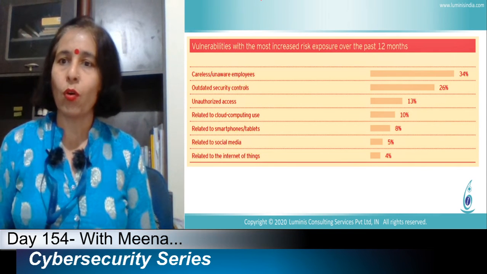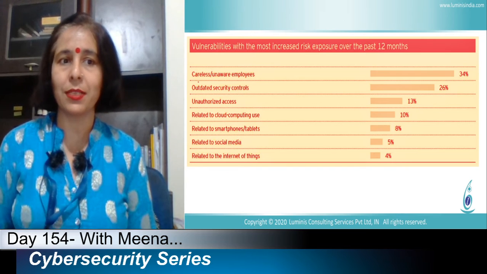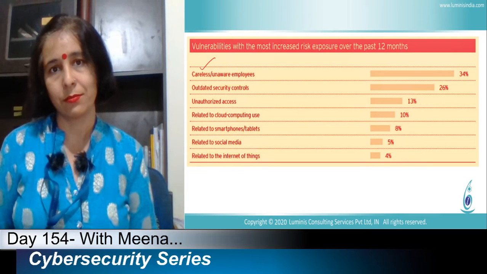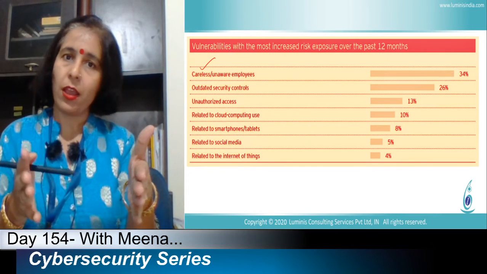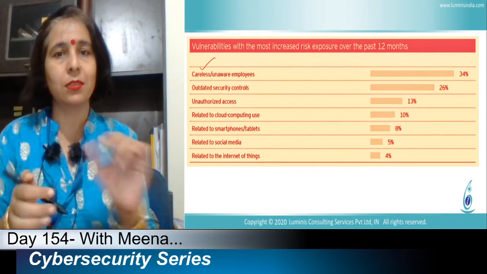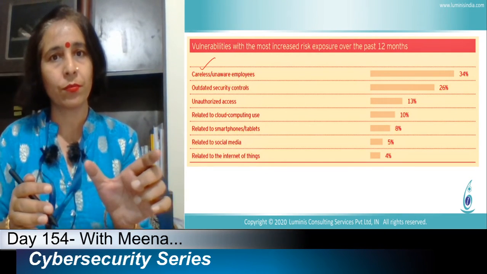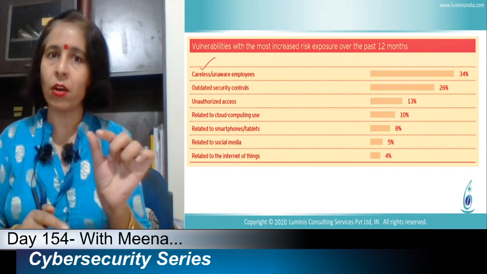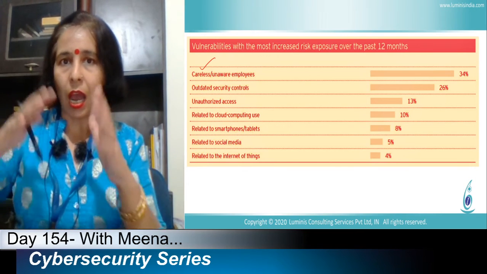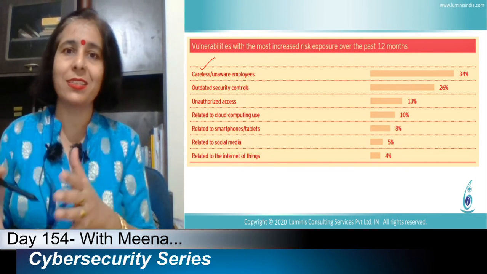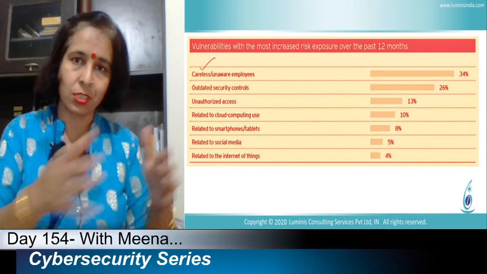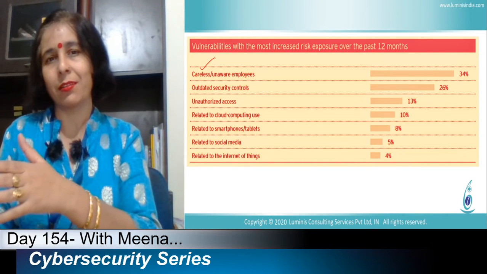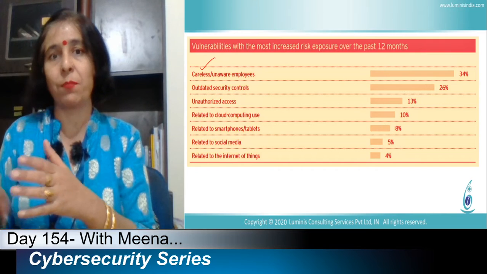Okay, so first of all, the vulnerability that exists is careless and unaware employees. If an employee doesn't know that this is a malicious link or a phishing link, or malicious software, and clicks on it, some kind of malicious software will be downloaded on the system, or I may be trapped at a website which has some malicious code.